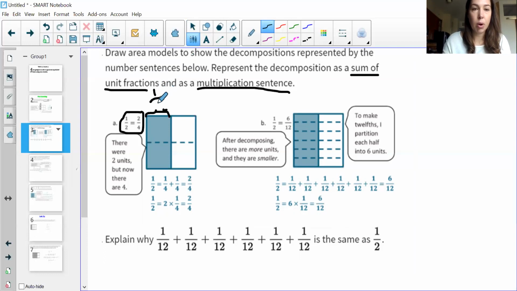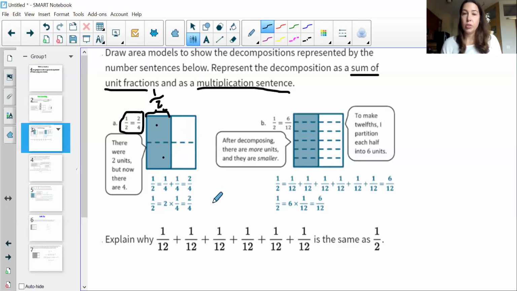Now I'm going to decompose it to show 2/4. So if we draw 1 horizontal line, that gives us 2/4. Now all of a sudden my halves are 4ths. This is 1/4 and this is 1/4. So I'm writing it as 1/2 equals 1/4 plus 1/4, which equals 2/4. Now, since I'm adding together 2 groups of 1/4, I can rewrite that as 2 times 1/4.